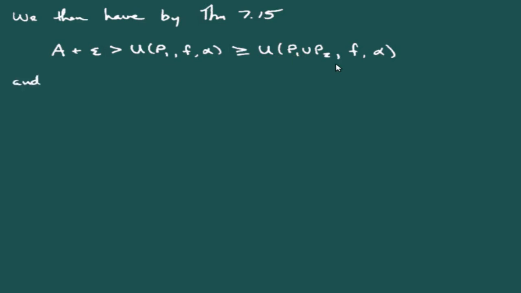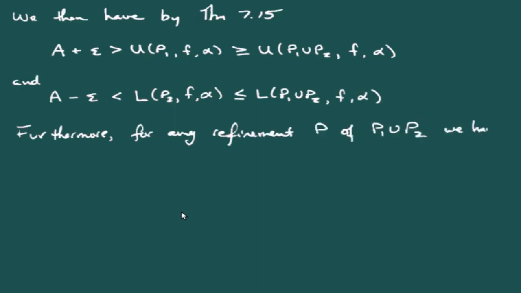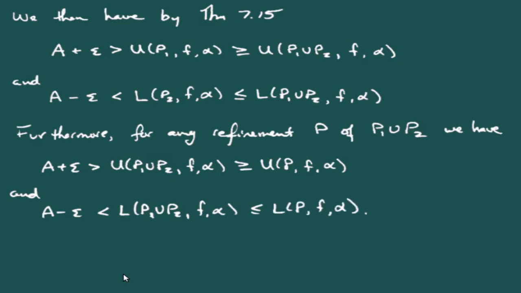And likewise, A minus epsilon is going to be less than our lower sum with respect to P2, but that's going to be less than or equal to our lower sum with respect to the refinement P1 union P2. And so if we have any refinement P that's going to be finer than P1 union P2, then the same inequalities are going to hold.